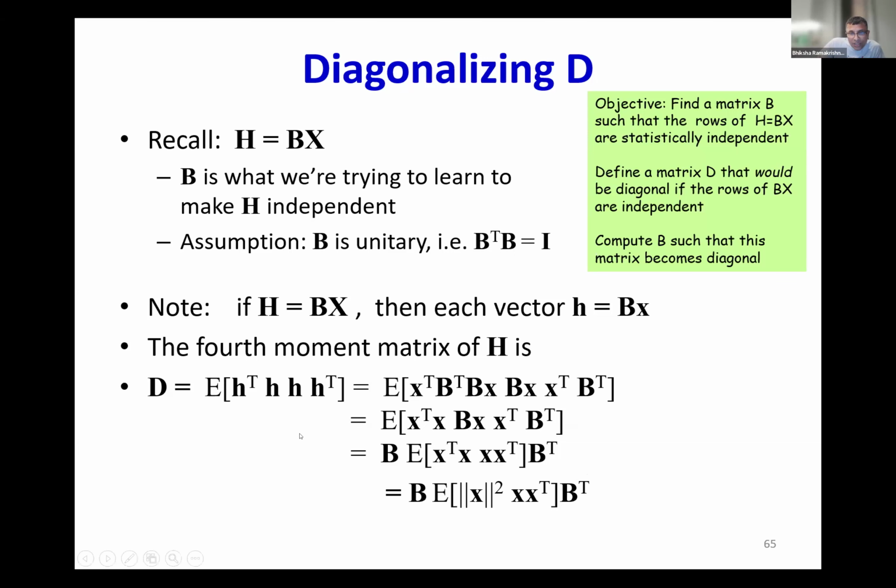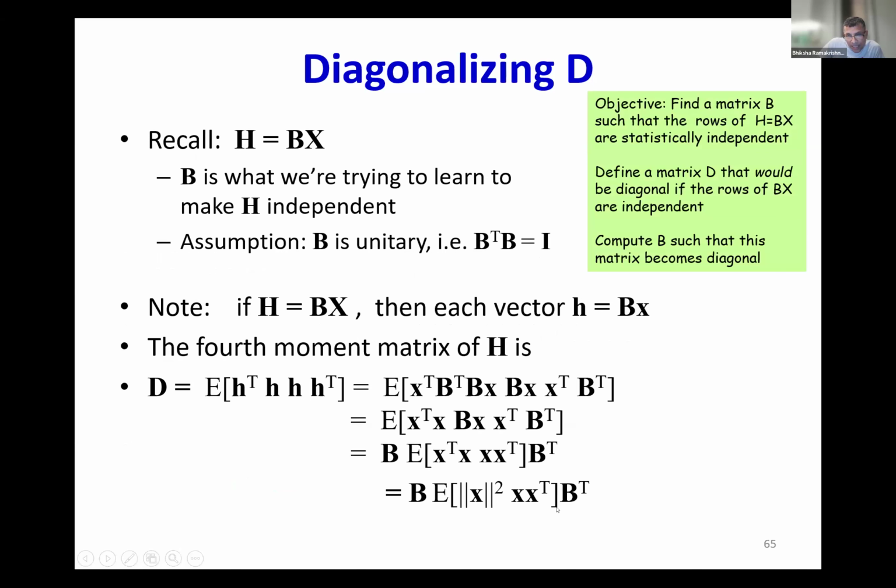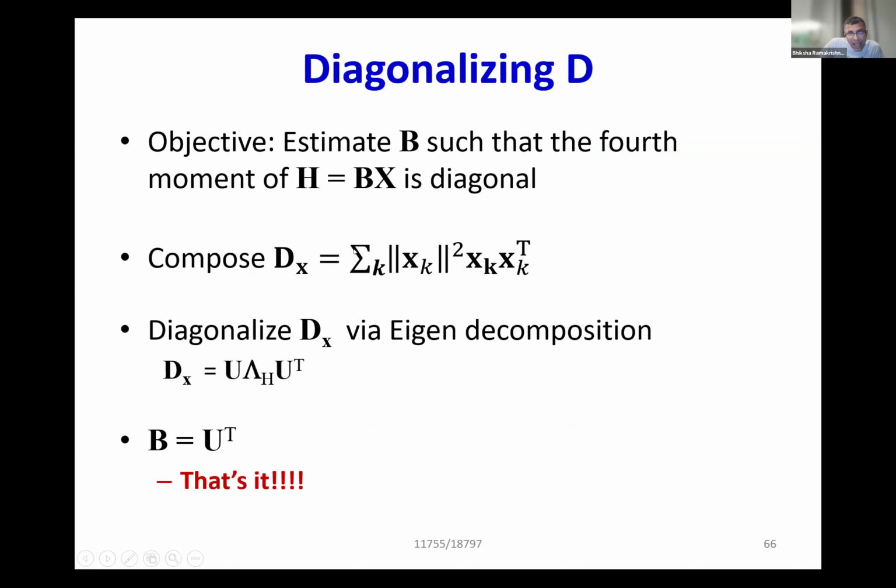I can decompose this matrix, correct? This I know how to compute. I've got the x's. So I can compute this matrix E, which is simply the average of norm x squared times xx transpose. And then I can eigen decompose this matrix as U lambda U transpose.